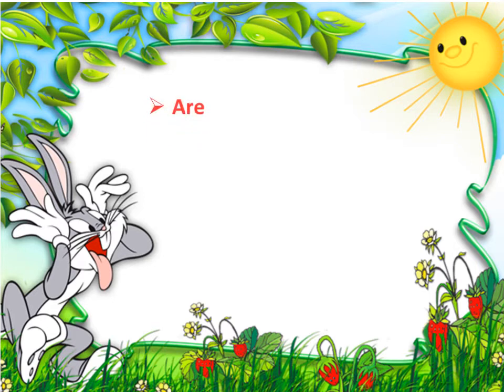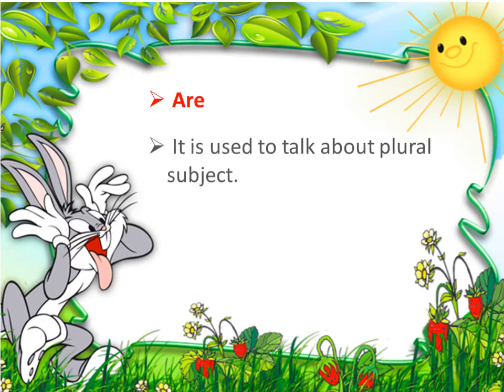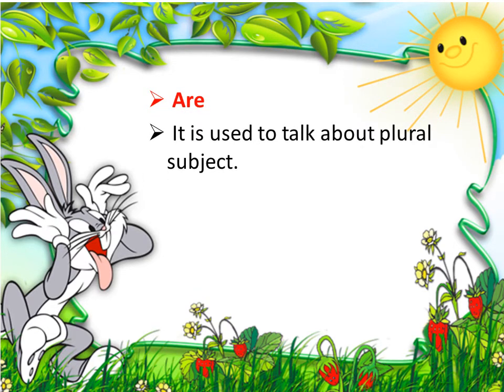Next one is are. It is used to talk about plural subject. So are का यूज जो होता है हम टू कंडीशंस में करते हैं, एक तो स्टेट ऑफ बीइंग बताने के लिए और दूसरा as a helping verb. ठीक है, स्टेट ऑफ बीइंग बताने के लिए कि किसी की प्रेजेंट सिचुएशन कैसी है, we use the word are, like my sisters are not well.